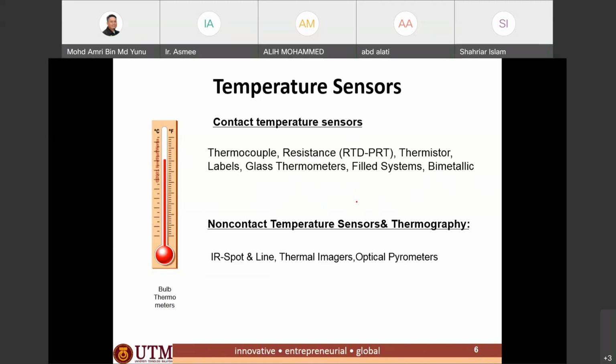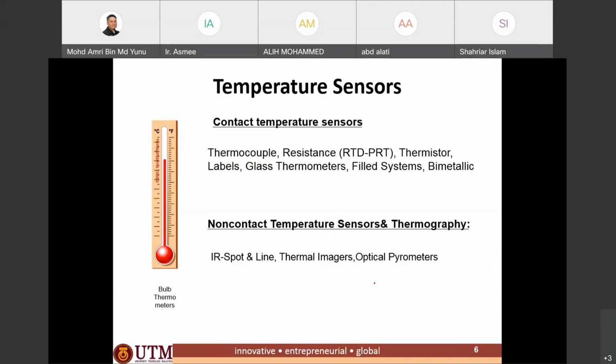Contact sensors require direct access to the object or the environment that we want to measure. And we also have non-contact temperature sensors based on the radiation emitted from the object or from the environment.